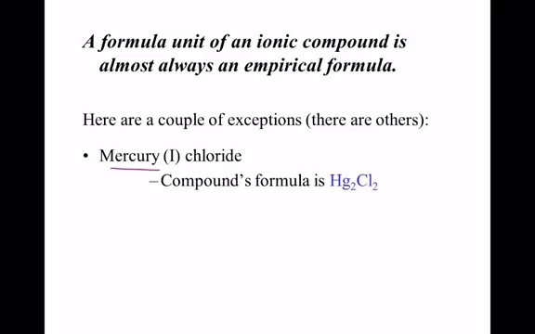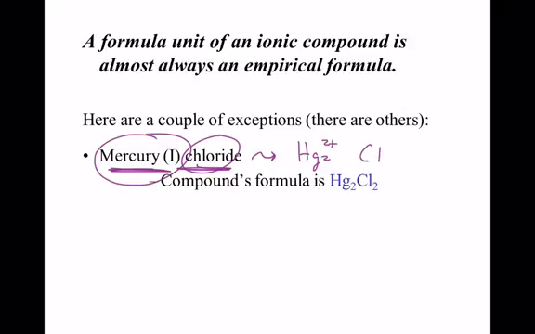If I give you the name, what I would suggest, and I tried to emphasize this in the problems, is I would rewrite it. I would take my mercury 1 and I would recognize that that is Hg2 2+, that's mercury 1. And then I would write my chloride. I would find chlorine on the periodic table. I know it's a 7A, might even have a -1 at the top there.